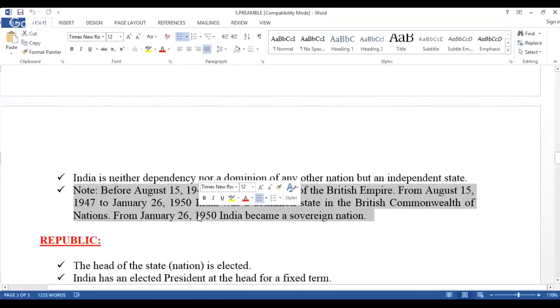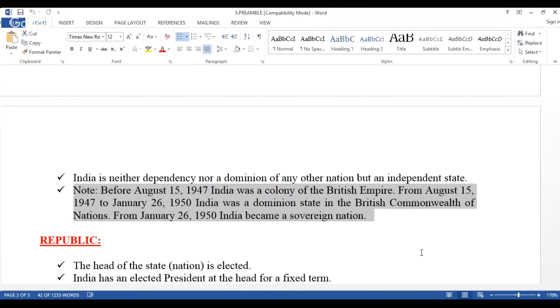Next. Before August 15th, 1947, India was a colony of the British Empire. Yes, we know that. From August 15th, 1947 till January 26th, 1950, India was a dominion state in the British Commonwealth of Nations.